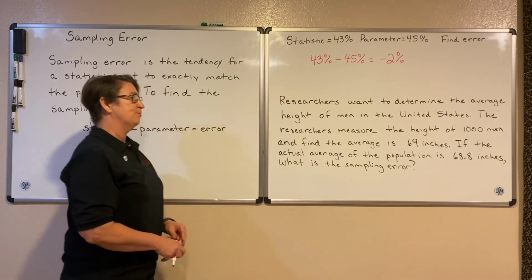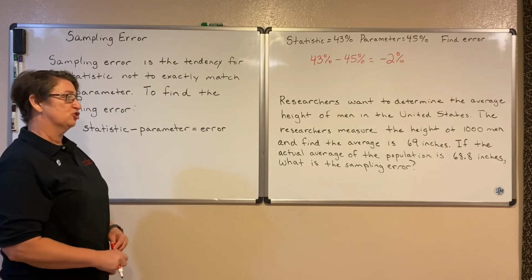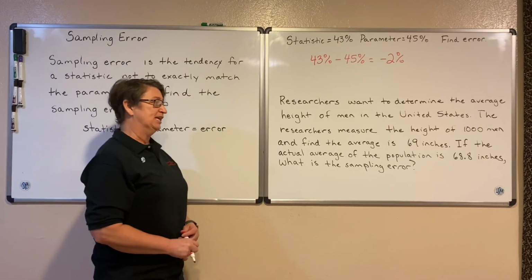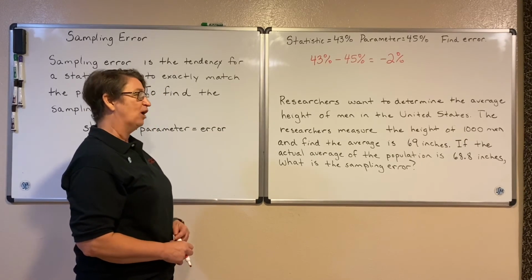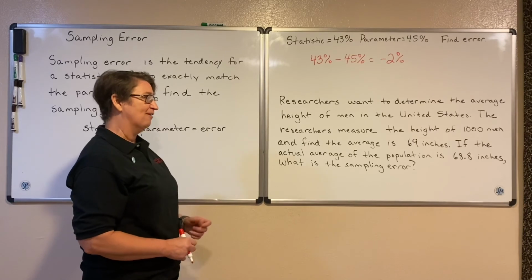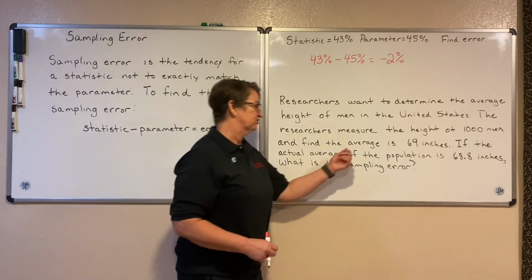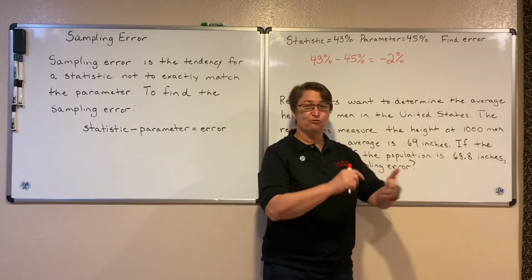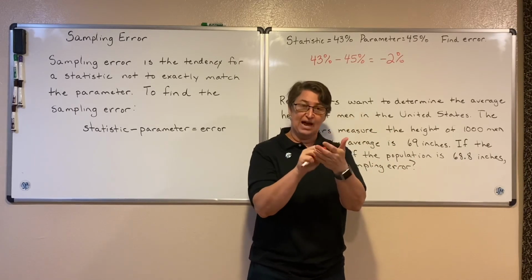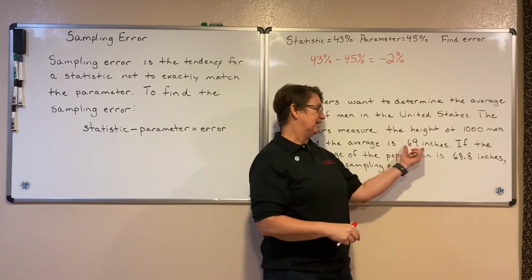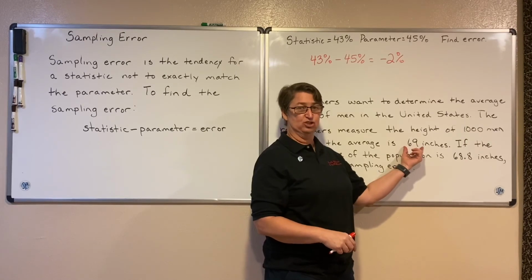Here's another example. Researchers want to determine the average height of men in the United States. The researchers measure the height of 1,000 men and find an average is 69 inches. So they have 1,000 different heights written down, but they've reduced those 1,000 numbers down to just 69 inches.